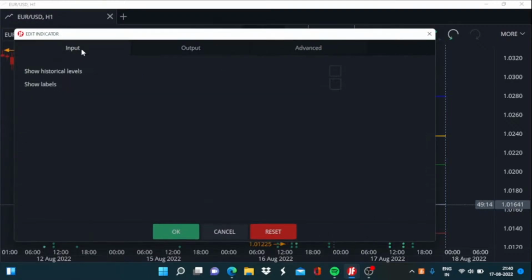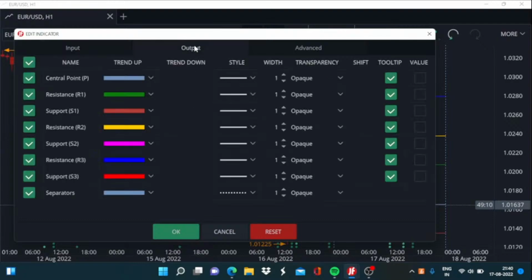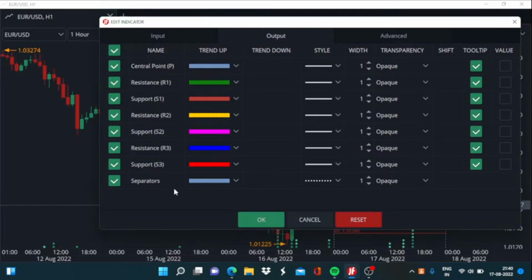So I will opt in again, so it becomes easier to read the data. All right, now coming to all the key output points, the central point, the resistance levels R1, R2, R3, and along with that we have S1, S2, S3.